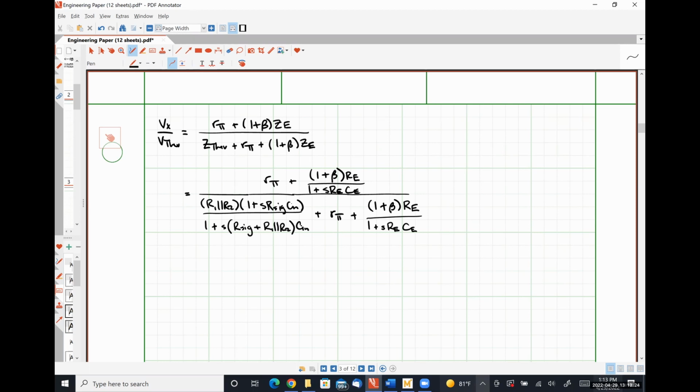All right. So skipping that step of multiplying through to get a common denominator, what we are left with is this thing, which I'm going to try very hard to squeeze in here.